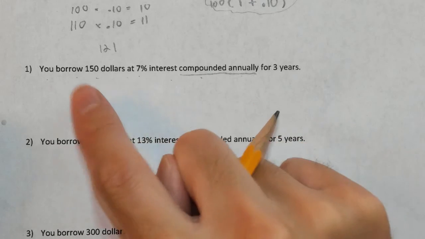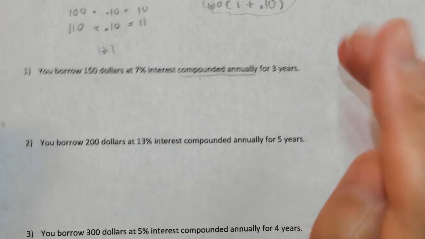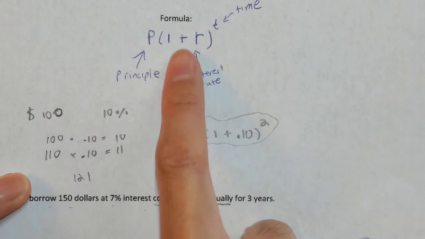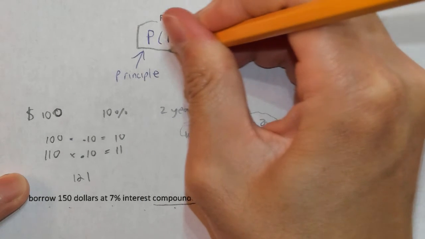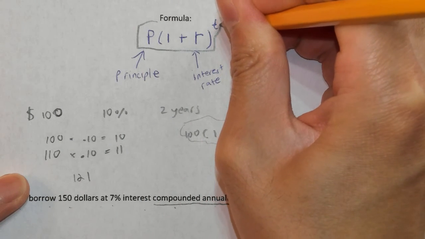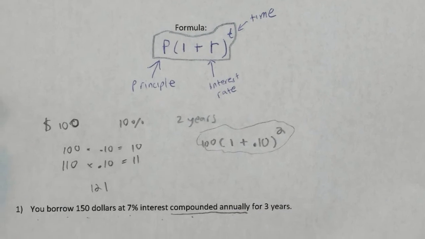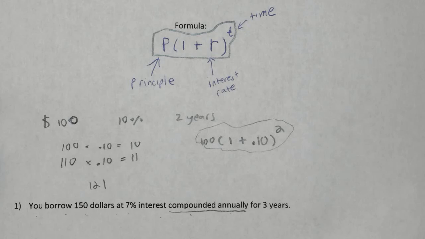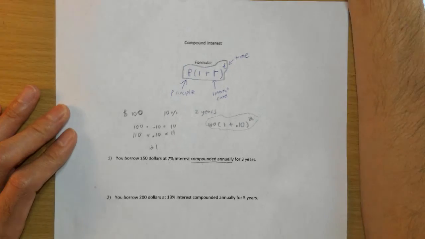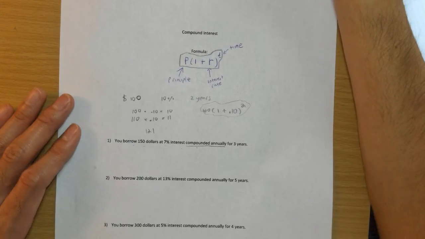So I'm going to do number 1 and number 2 with you. All it is is plugging it into this equation right here. By the way, if y'all didn't print it out, it's all good. Just use a separate sheet of paper.